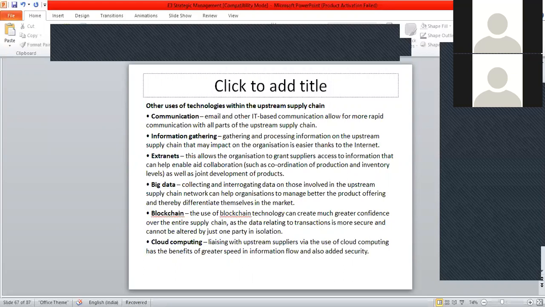Cloud computing also, liaising with upstream suppliers via the use of cloud computing.